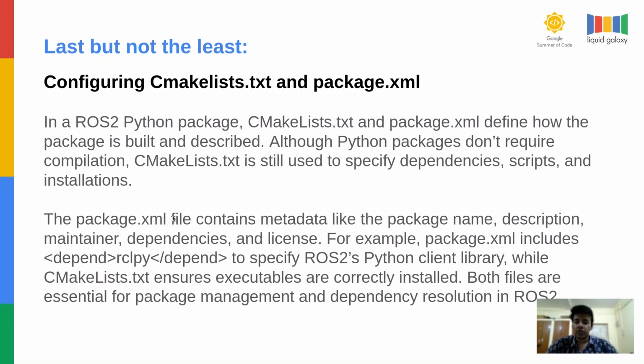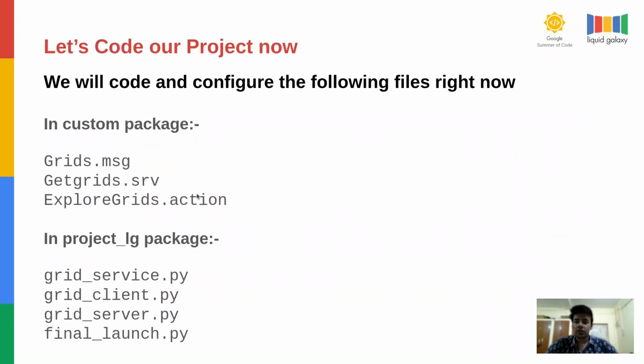All right. Now let's code it. We have two packages. One is the custom package, one is the project liquid galaxy package. So in this custom package, we contain all of these custom messages, custom services, custom actions that we have already seen. Now the last bit, we will see how the service client server and launch are working.